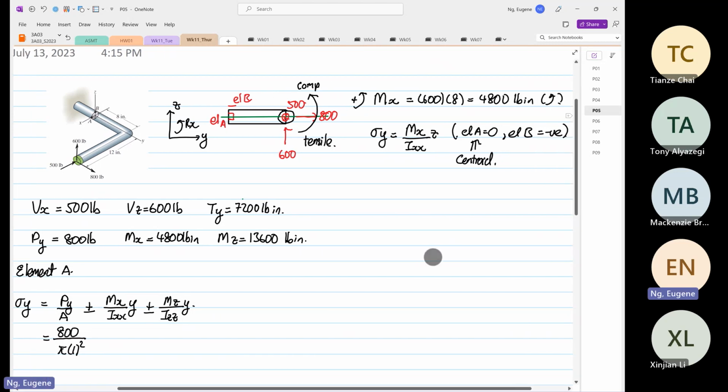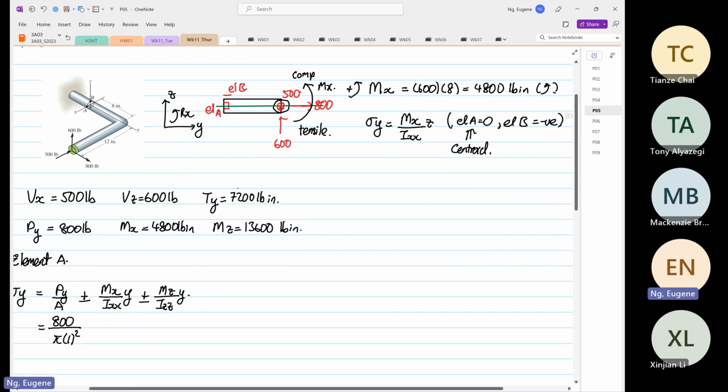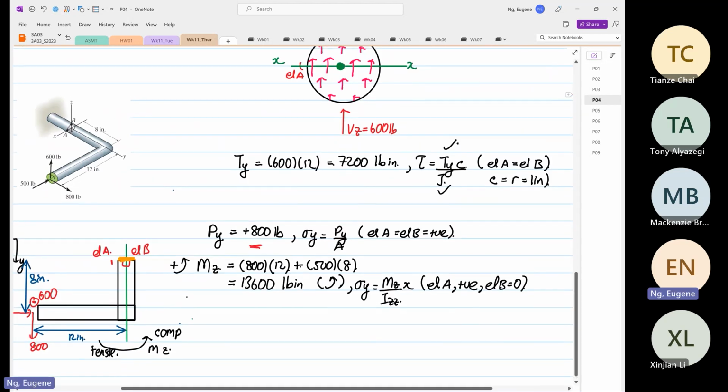So now we look at Mx. Moment about x, so we can see down here. So this is moment about x. So Mx is going to induce a 0 because it's at element A. So this is plus 0. Then Mz for element A. So we look at Mz.